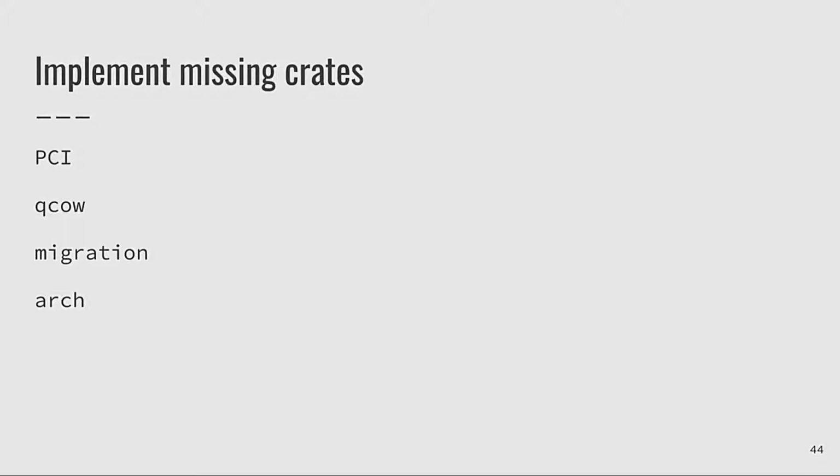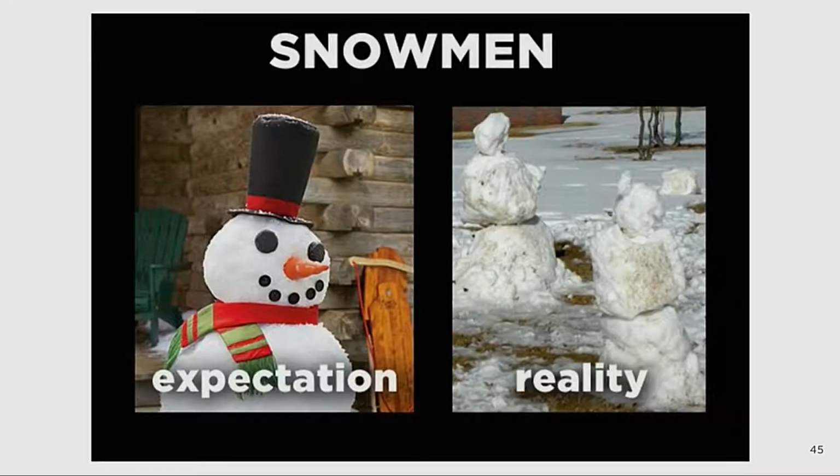We don't have a PCI crate in rust-vmm, so we have one in Cloud Hypervisor, and we're also planning to contribute that back to rust-vmm. And QCOW, the migration crate, which is a big deal, and a lot of the architecture-specific settings. So it looks very nice. Take those crates, put them together, have this very thin glue code, and very good.